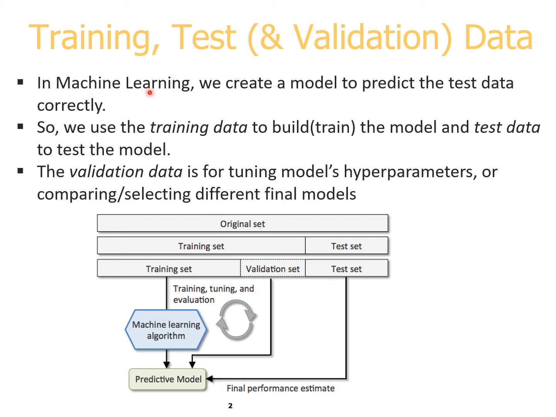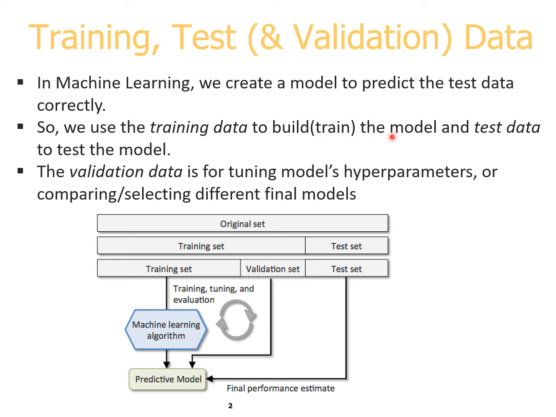So in machine learning, we create the model, and the goal of creating the model is to predict the test data correctly. The test data is the data of the future. This is data not used in training. So this is our goal, to predict test data correctly. Original data is divided into training data and test data. We use training data to build, or sometimes you say train, a model.